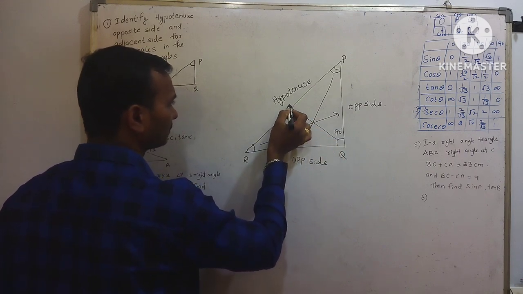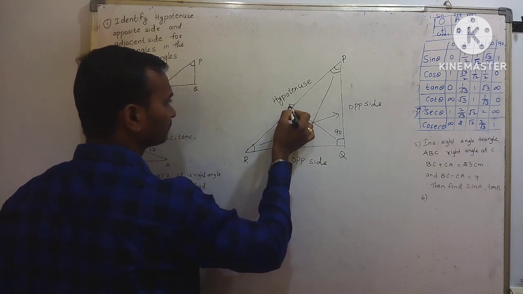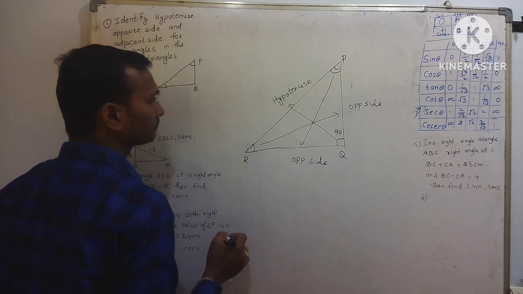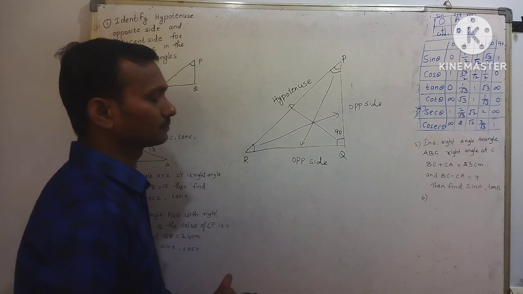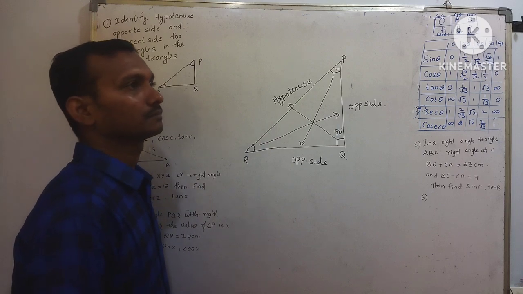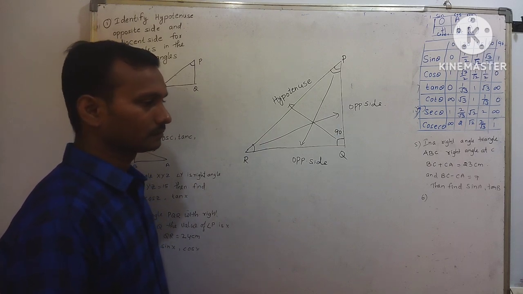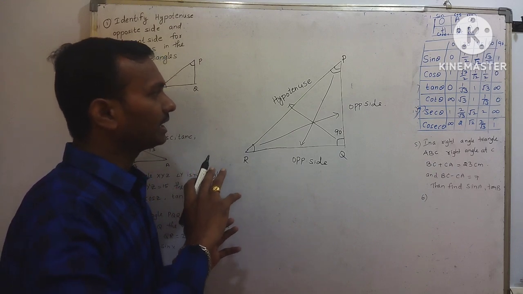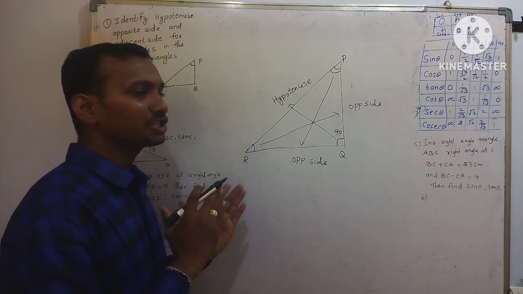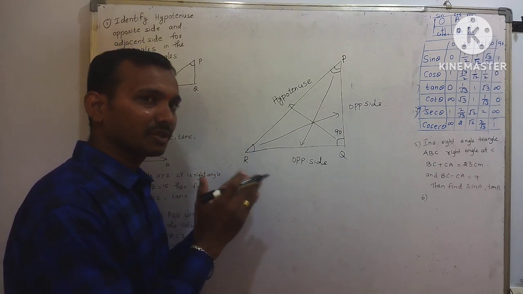Hypotenuse remains the same all the time, but only the opposite and adjacent sides will change according to the observation point.